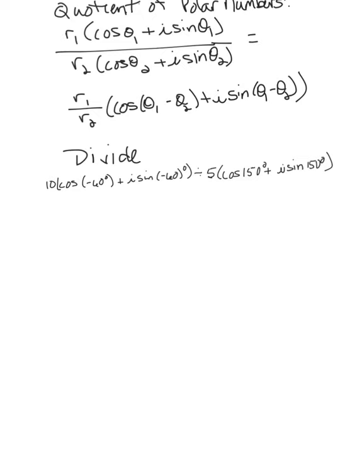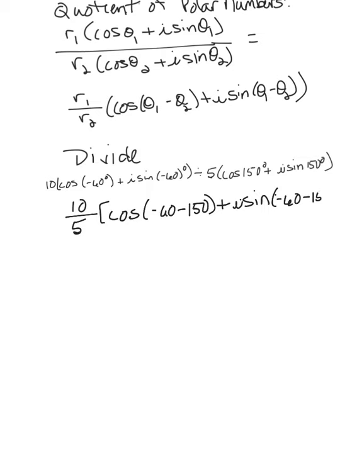For our first example of division, we want to divide these two polar numbers. So we want to take the r of the first number, 10, divided by the r of the second number, 5. Now, inside our brackets, we are going to have cosine of the first angle, negative 60, minus the second angle, 150, plus I times the sine of the first angle, negative 60 minus 150.